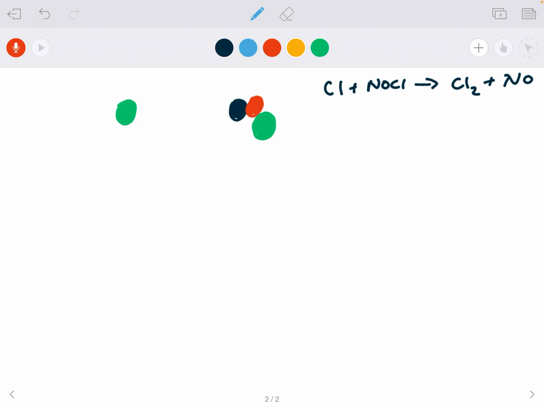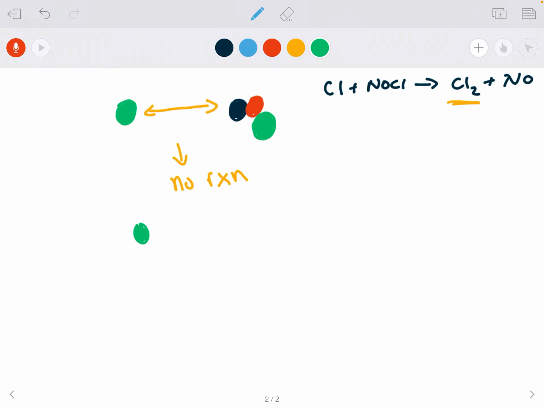If these two were to collide in this orientation, you would have no reaction, because the chlorine needs to hit the other chlorine to form the Cl2. But if the chlorine strikes the nitrogen, or if the chlorine strikes the oxygen, you will not have that reaction take place.